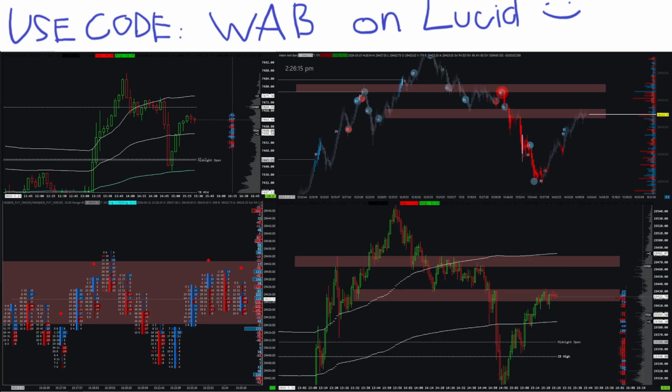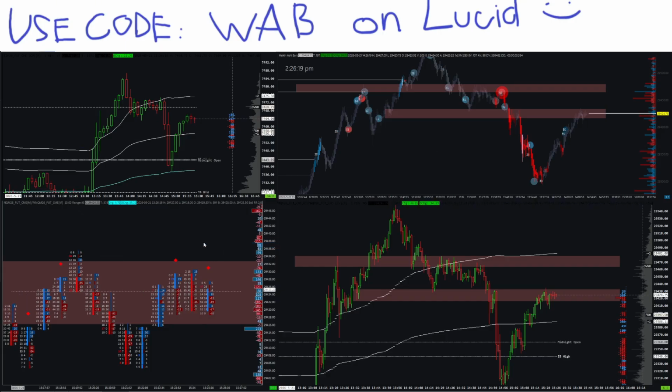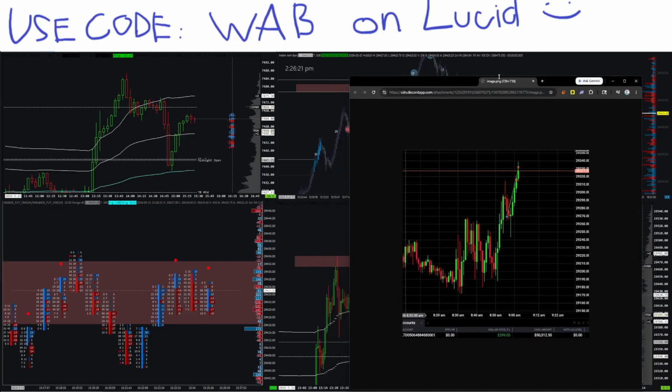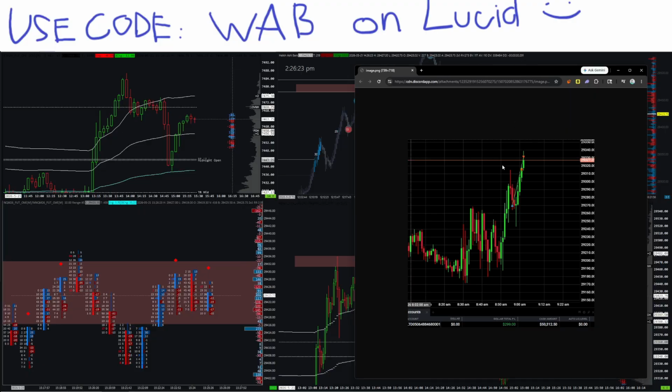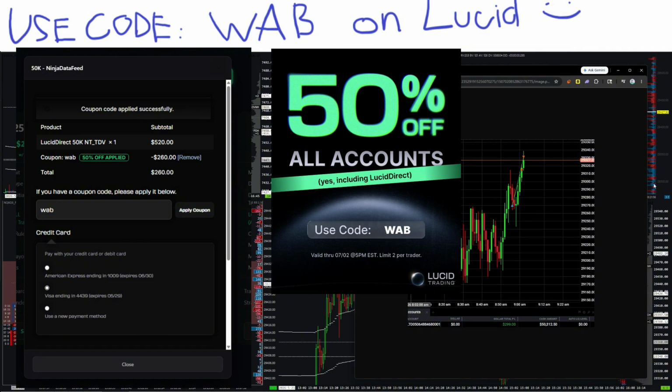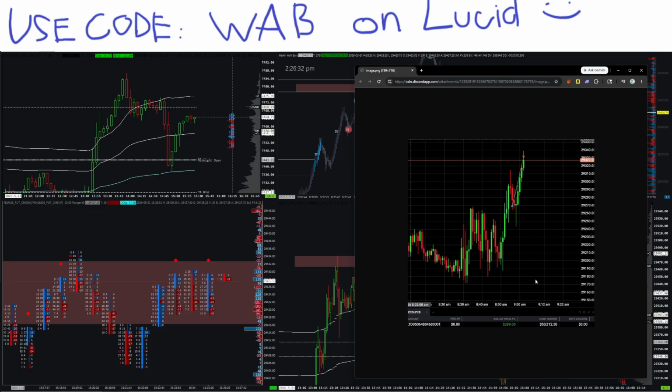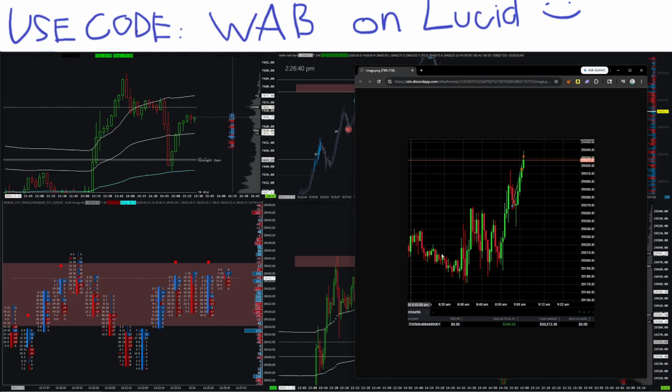And in terms of the other trade that I took today during the live, was this long, which was my first trade. I took this on my Lucid Direct 50K. I bought this account so I can trade with the live members, and I wanted to show people that with just one direct account you can trade, and you don't need to have like 20,000 copy trading accounts to make money from the market.